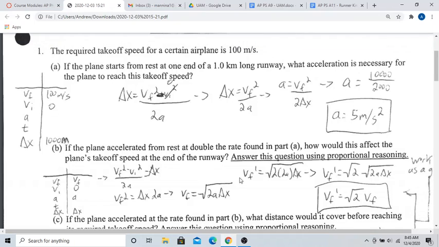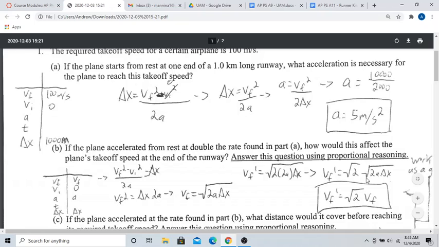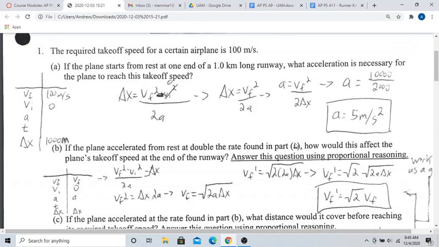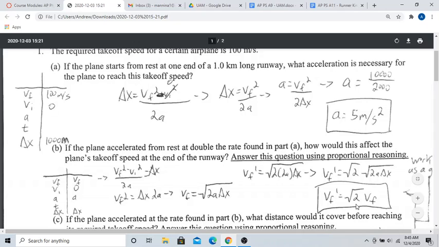Now, if you don't believe me, or you really hate this algebra, then go through and test it. What you should be getting is that the new final velocity is 141 meters per second, which is 100 times the square root of 2. So if you want to test this out, solve for it using the new numbers and see if that's what you get.